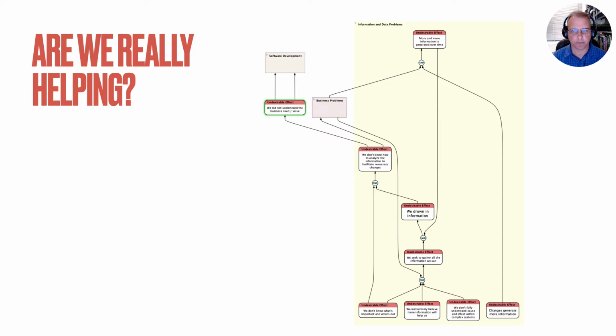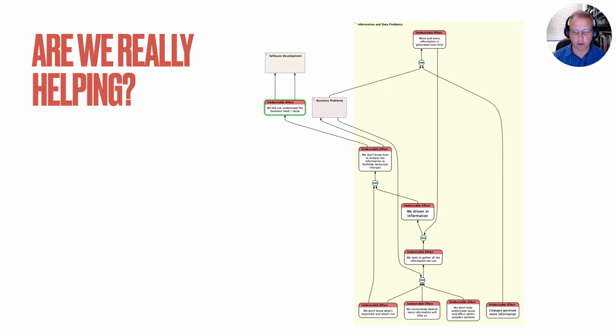So we take the sales problem and we combine it with some of the problems we have. Like, we don't know what's important and what's not. And we instinctively believe that more information will help us. And we don't fully understand the cause and effect around that sales process because it's a complex system.